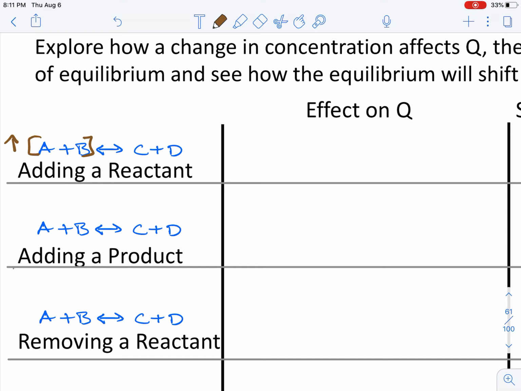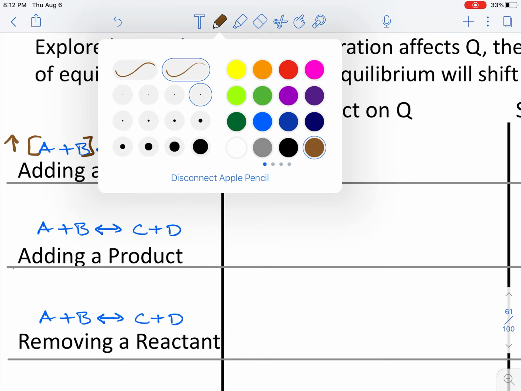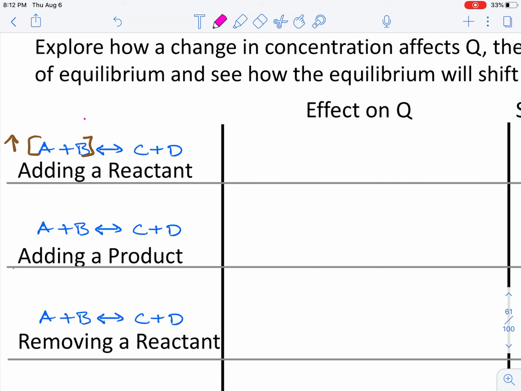Based on your knowledge of Le Chatelier's principle, how will the equilibrium shift? From what we've learned, the equilibrium is going to shift to the right to consume the reactant that was added into the chemical system. And so therefore, at equilibrium, we're going to have more product than we have reactants.